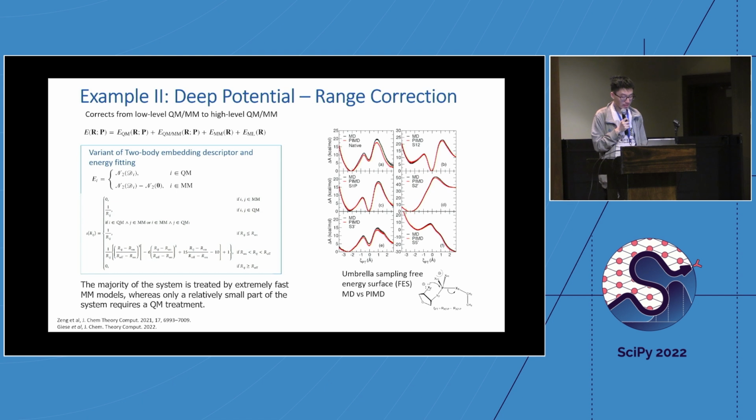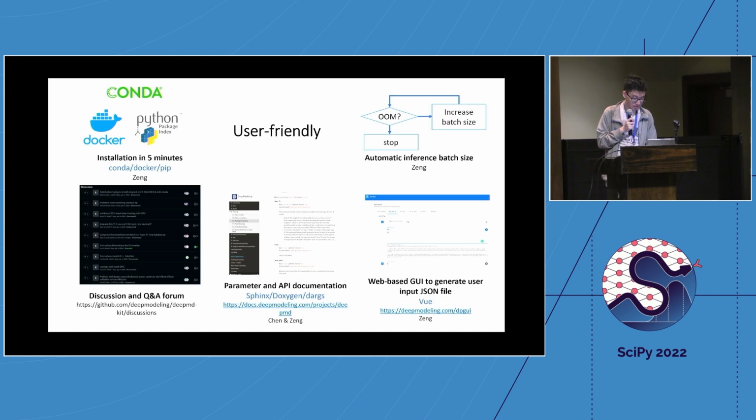So it is very fast, as only a small part of the system is fitted. And we make some modifications to the descriptor. And here we use QM/MM plus our deep potential to fit the system in solution and do the MD and the PMD to compute the free energy surface.